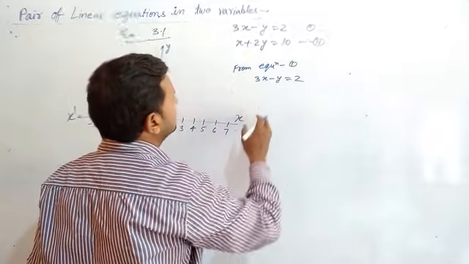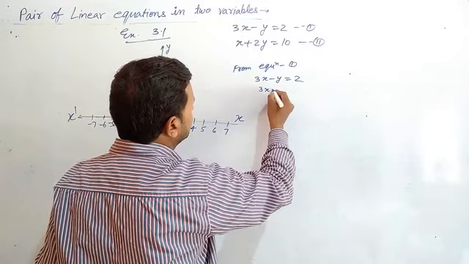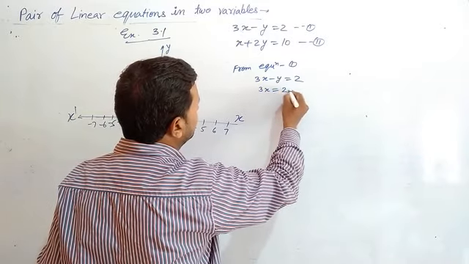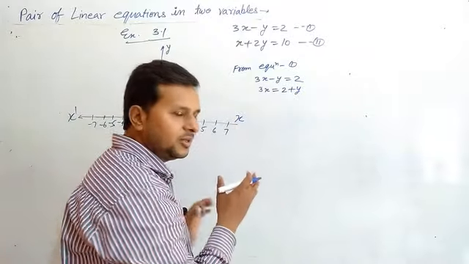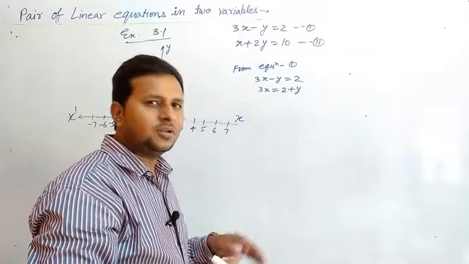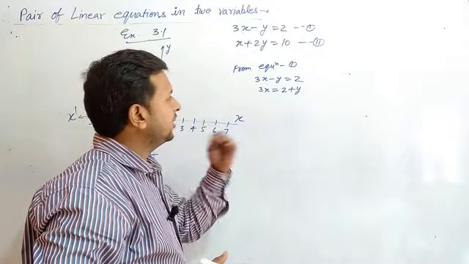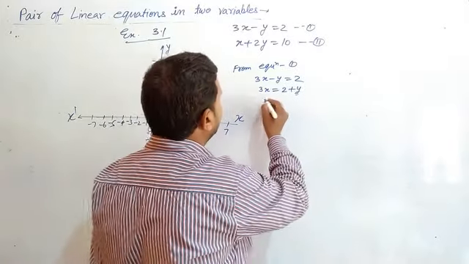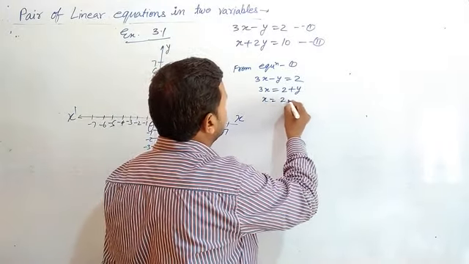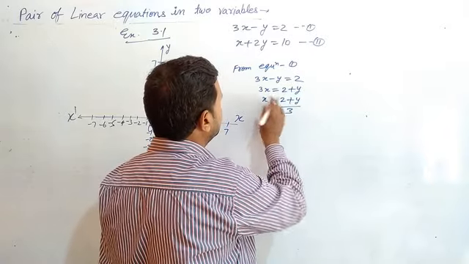See here, 3x is equal to 2 plus y. We have changed the sign, the same as we did to find the dependent and independent variable. Through this method, we find the values of x and y. See here, x is equal to (2 plus y) upon 3. Is it clear?